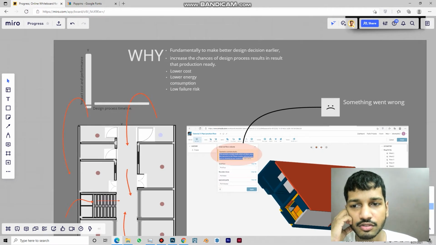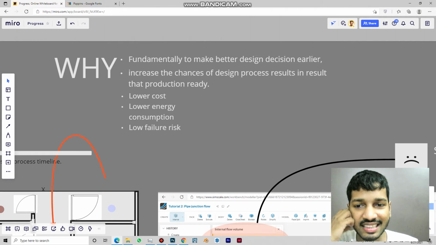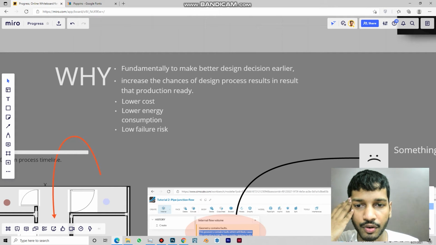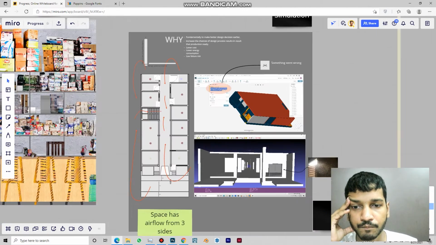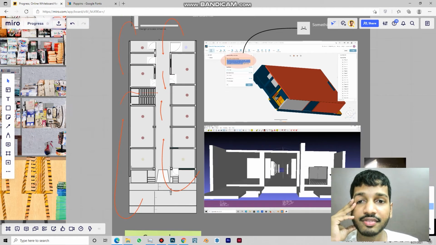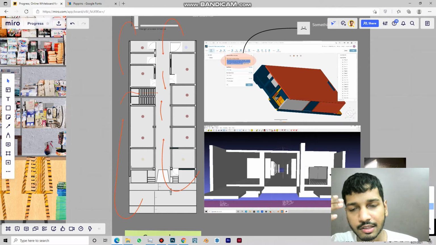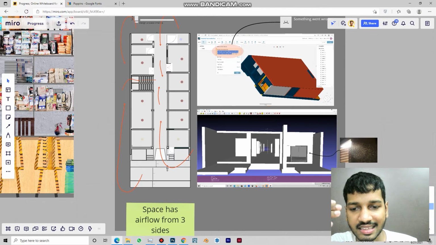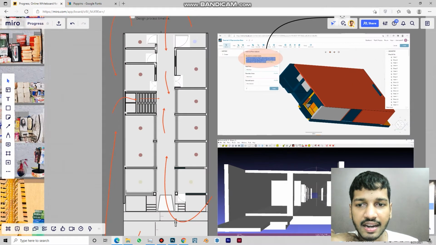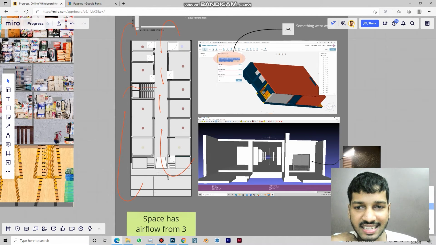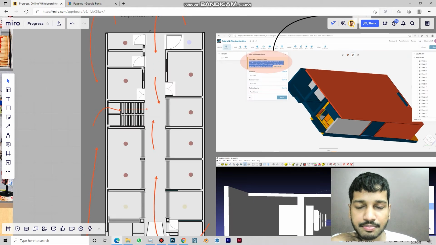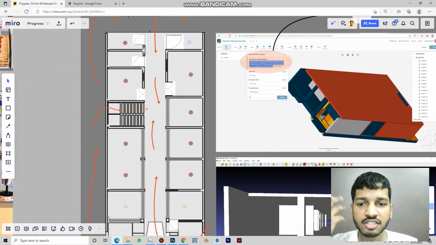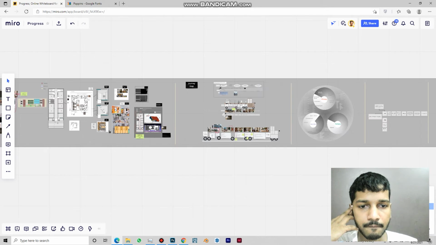I did research on why we need simulations before a design. What I did was go to the shop and observe for 3-4 times during the day. The space has three airflows inside, from this direction, this direction, and this direction, and all of these airs meet at a point. At this area, it feels like air is coming from all directions.